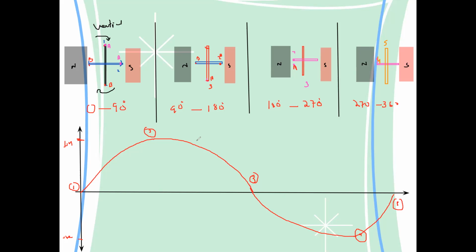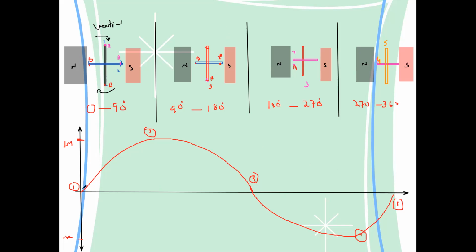So that's why we say the AC generator produces alternating current, because the direction of the current is not the same. It changes in one complete rotation of the AC generator. It is changing from one way to another.